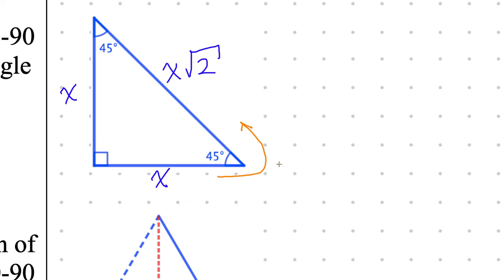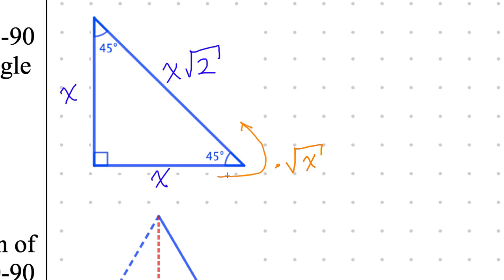Monse, what am I missing to get from x to x square root of 2? You have to say it though. Say it. Square root of 2. Square root of 2, perfect.